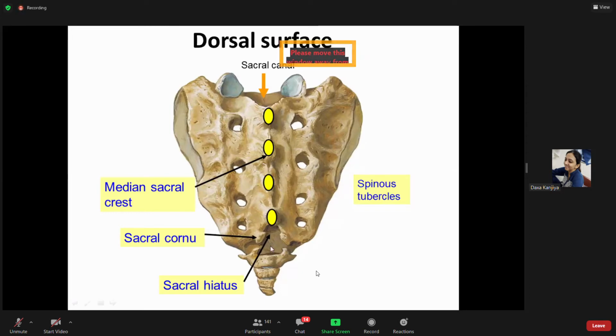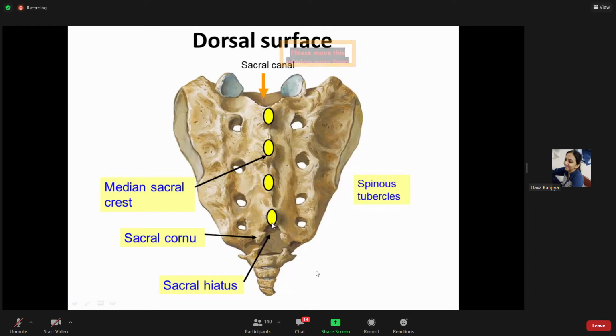See here, they remain unfused. So on either side of the sacral hiatus there are two sacral cornua, and they are nothing but the inferior articular processes of the fifth sacral vertebra. So we have one midline median sacral crest, which is formed by the fusion of the spinous processes of the upper four sacral vertebrae. Over this median crest, there are four spinous tubercles.